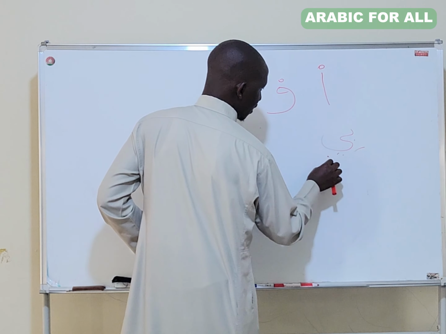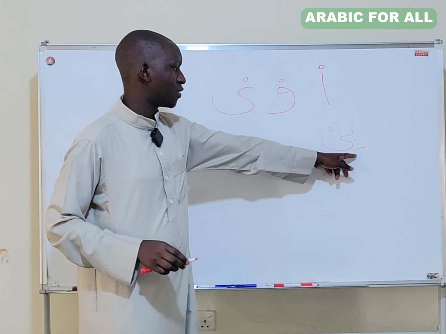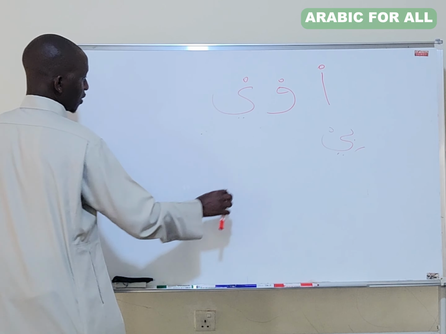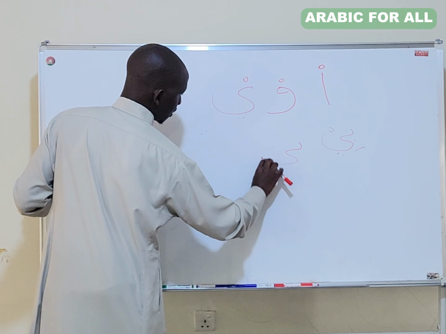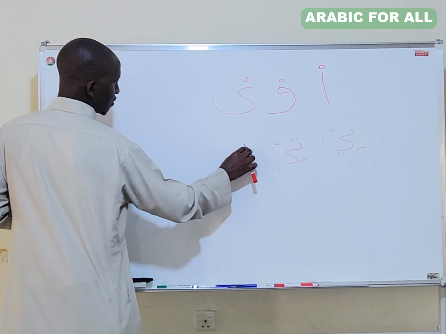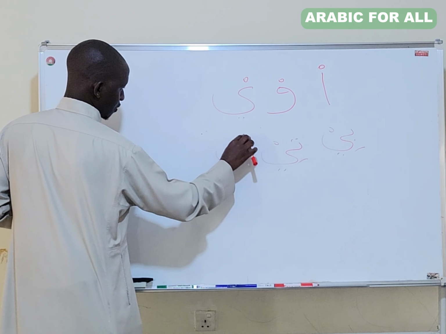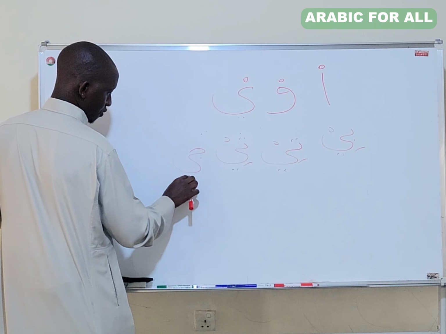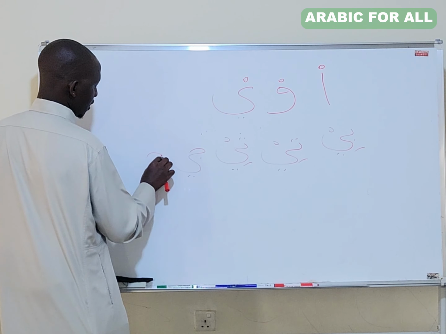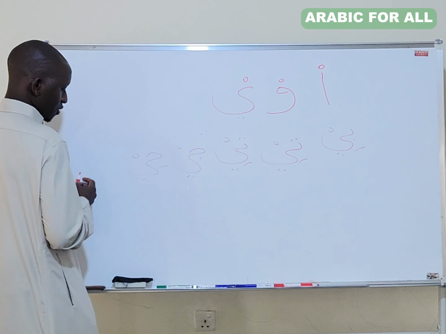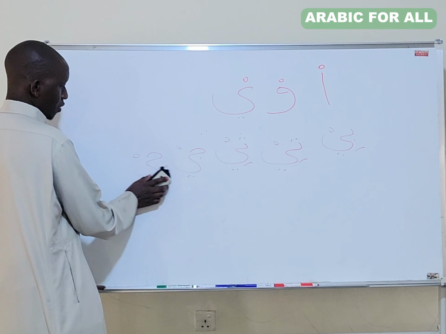You see, bee when there is a kasra on letter B, then tee. You see this? Then jee, like this. Then hee. You see this? This is how it works.